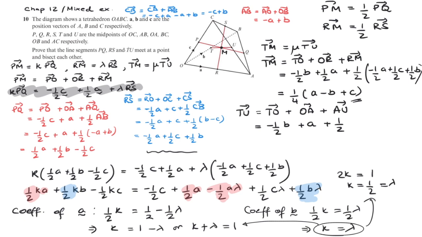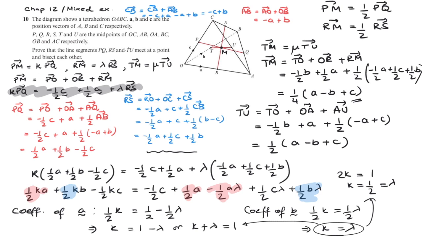Now AC is simply going to be from A to O and then O to C. So minus A plus C. So I'm just going to put that down over here. Alright, so again, when I simplify this result, I am going to get a half in common with A minus B plus C. So there you have it, almost there.